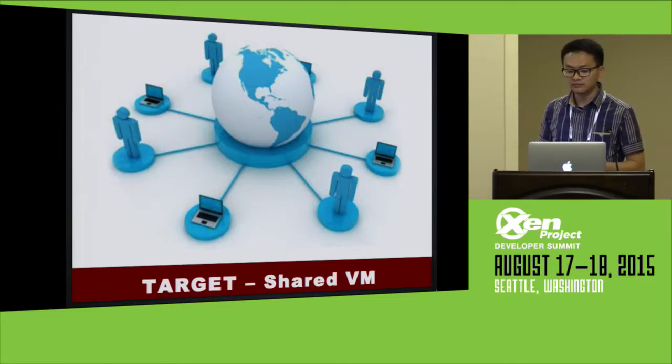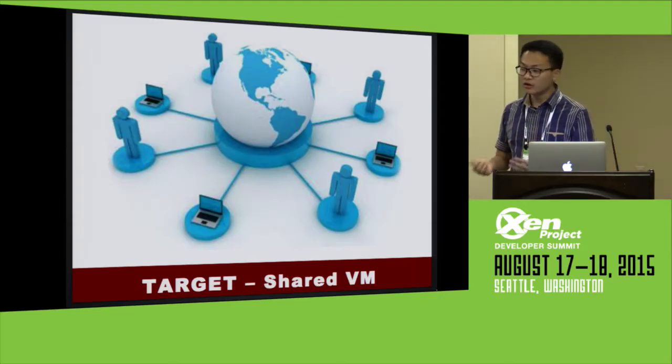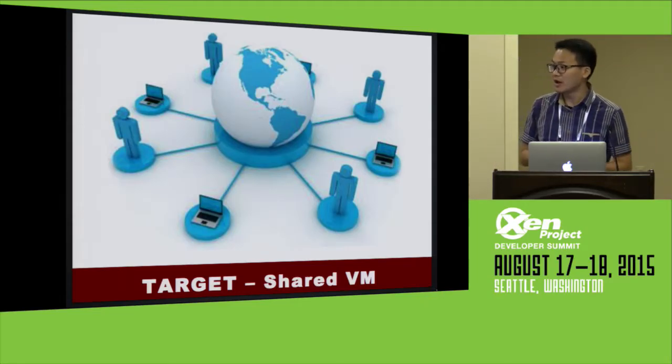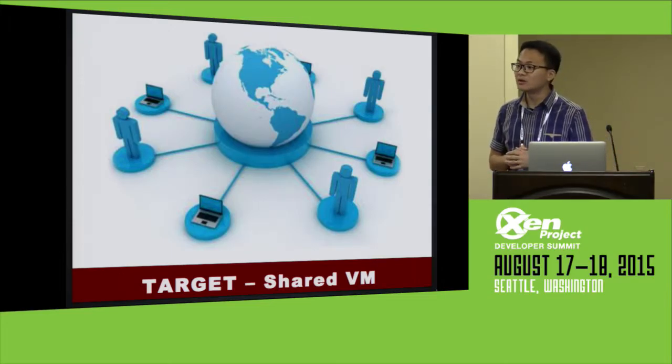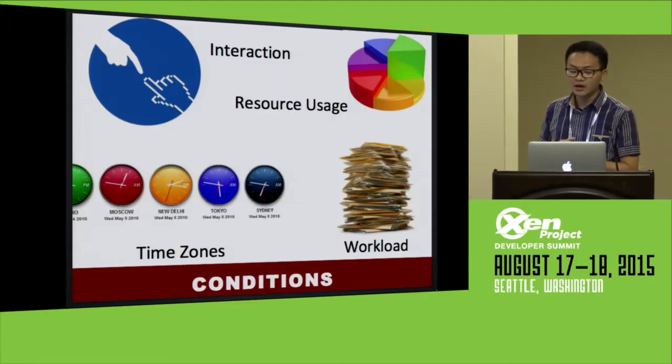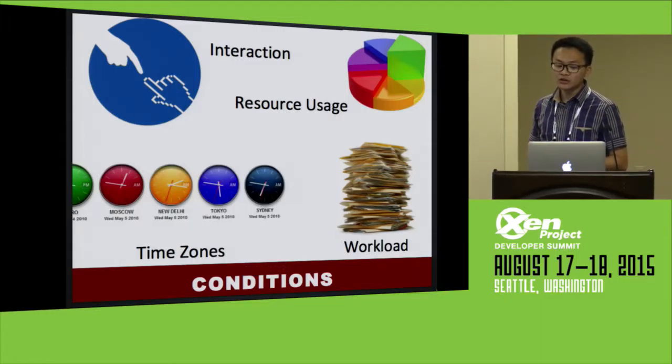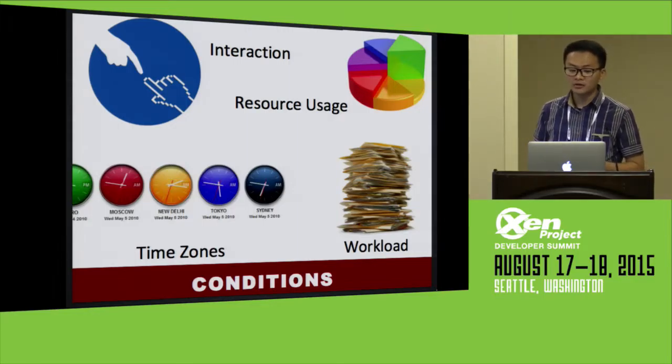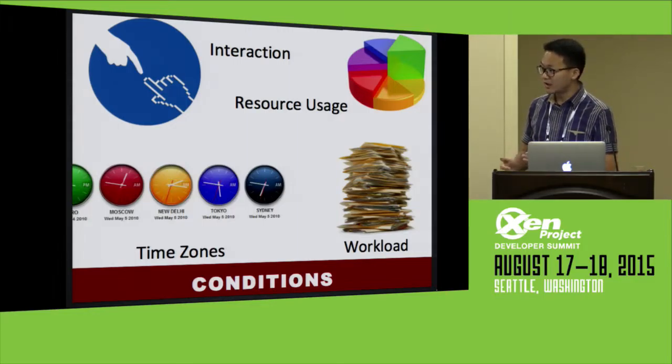So we have the definition of our targets, which are the shared and exclusive VM. Besides the target, we will look at the conditions we need to consider to take the power management policy. The first is interaction with the VM.